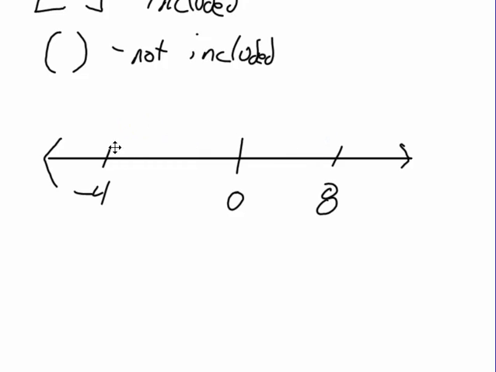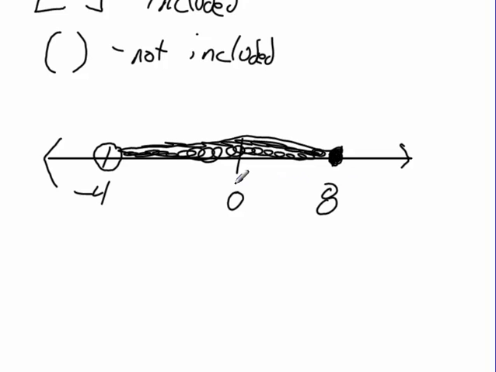Well, let's say I don't want to include -4, so I have an open circle at -4, but I do want to include 8. So 8 can work. 8 is definitely a part of this interval, but -4 is not. So I'm going to shade all of this in between. All of the numbers between -4 and 8, not including -4, but I am including 8.